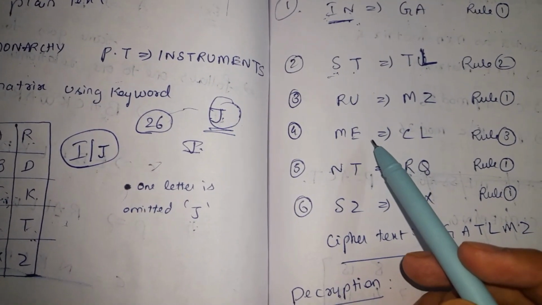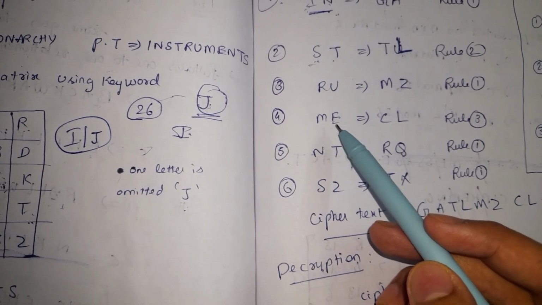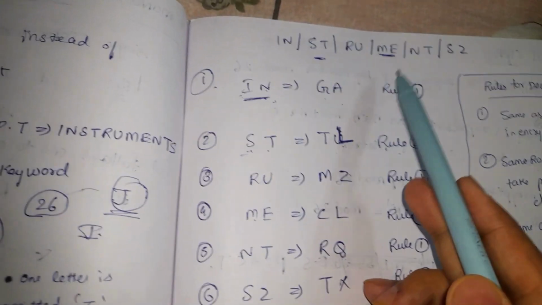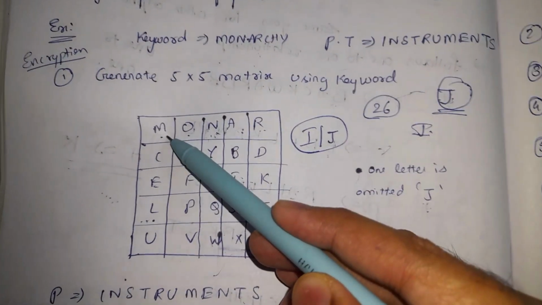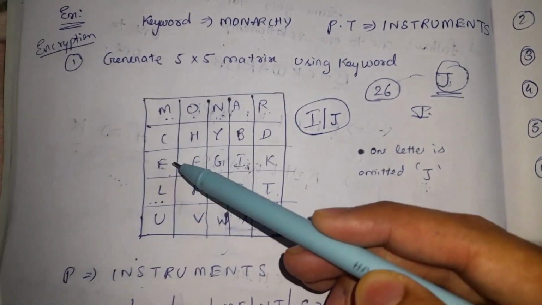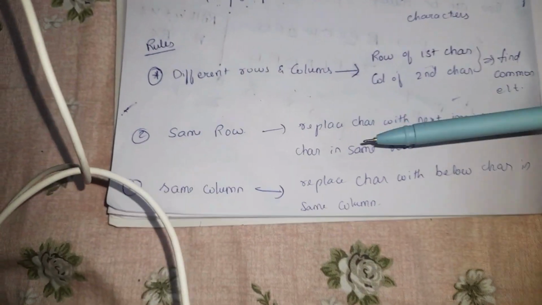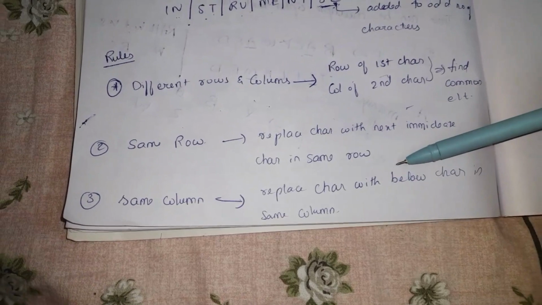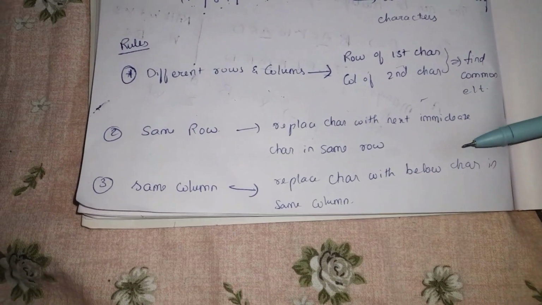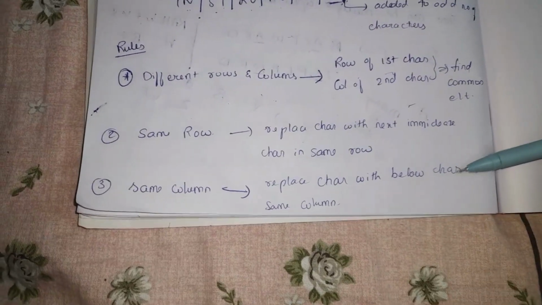Now I will show you what happens when the characters are in the same column. Let's take the pair ME. Locate M and E in the matrix. This is M and this is E. According to rule 3, when the characters are in the same column, we replace each character with the character exactly below it in the same column.